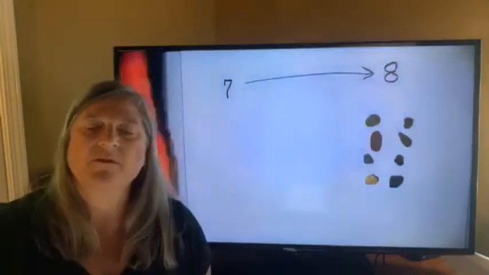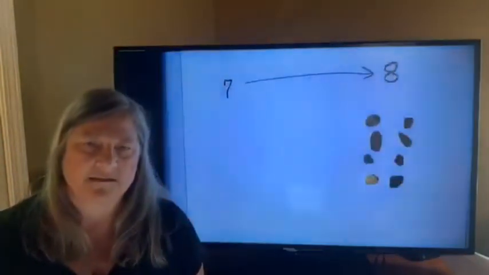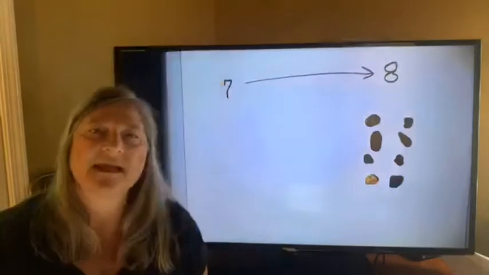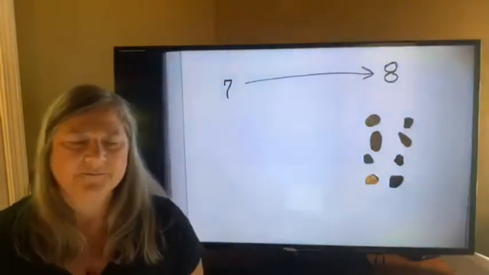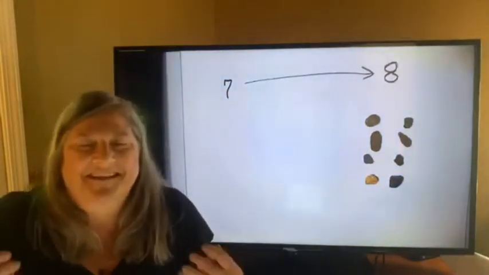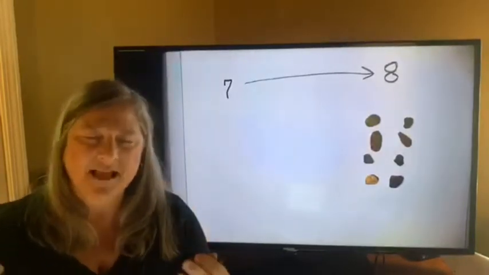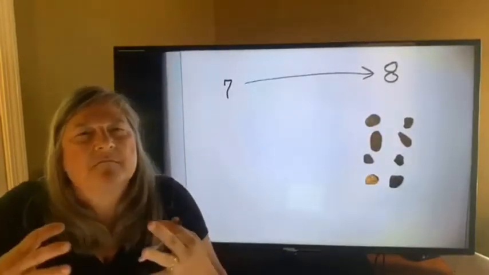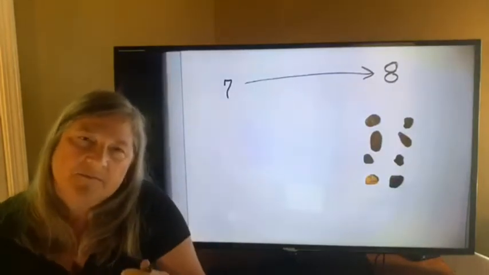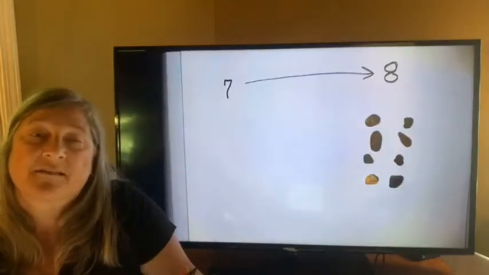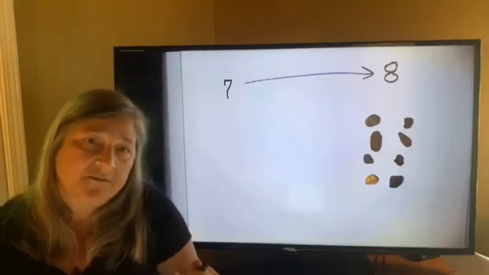So they know that when we put 1 more onto this set, it gives us the next highest number. Now, that seems silly to us because of course it does, but for little ones, we're trying to get them to have this picture of the more. We have a number and we have a little bit more, and that little bit more is going to be just a little more than that last one.